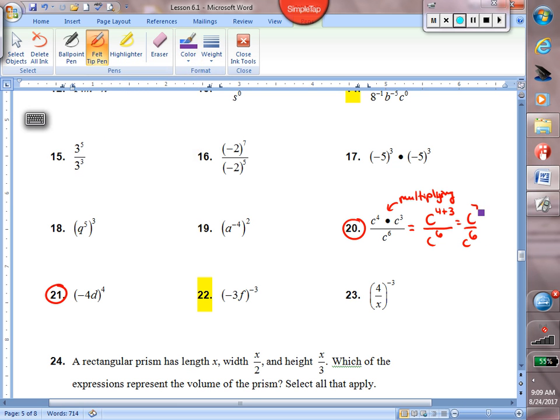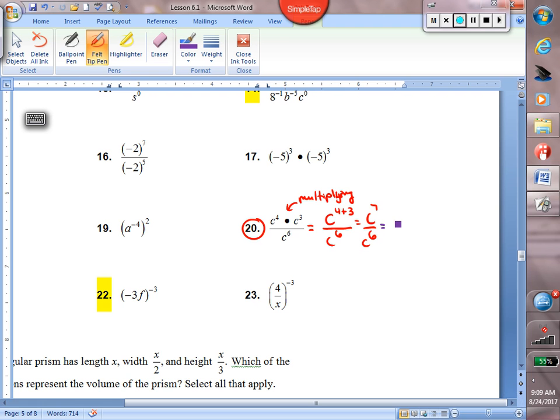Now I have a division problem. Again, I could flip to page 171 or page 168 to refresh myself on what to do when dividing. I have the same base, and I'm dividing, so I subtract my exponents.